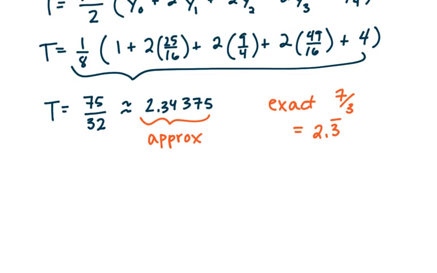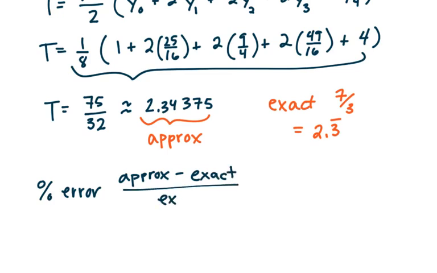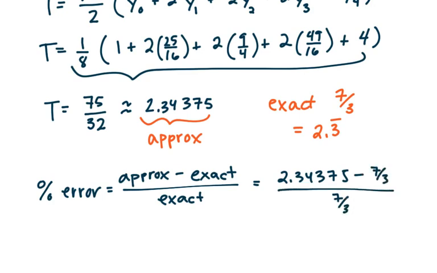And the way we can calculate that percentage error is by taking the approximate value, subtracting from it my exact value, and then dividing by the exact value. So we can say the percentage error is my approximate minus the exact over the exact, or 2.34375 minus 7/3 divided by 7/3.